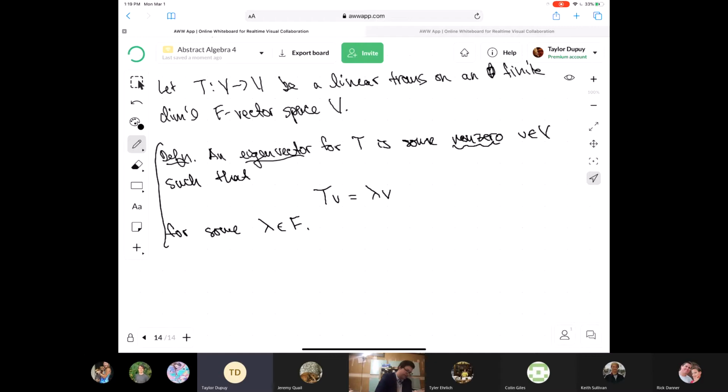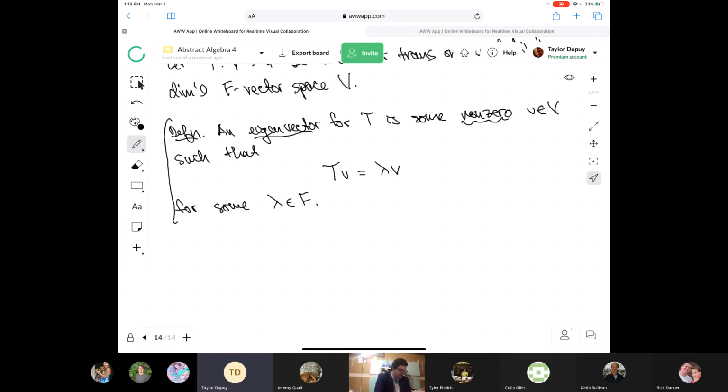So when you apply the linear transformation, you get a multiple of your vector out.